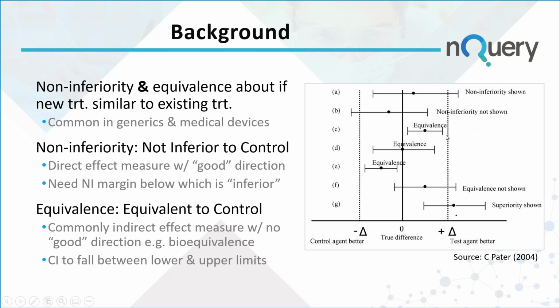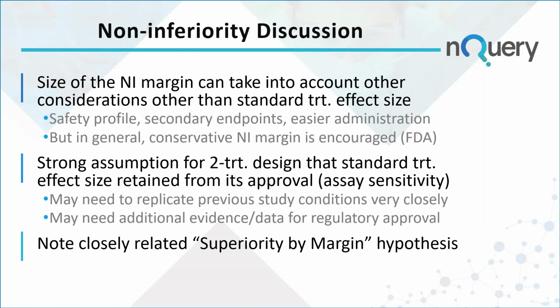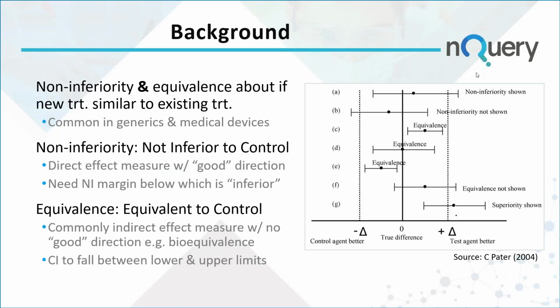To prove the superiority by a margin hypothesis, you would need the entire confidence interval to be above this upper limit. So I just want to mention that briefly, because most of the statistical issues that exist for non-inferiority testing are basically the same for that hypothesis type. And it is different from, I suppose, the classic, when you hear superiority, you're usually thinking of an inequality hypothesis, which is basically that this confidence interval does not include this zero value here.